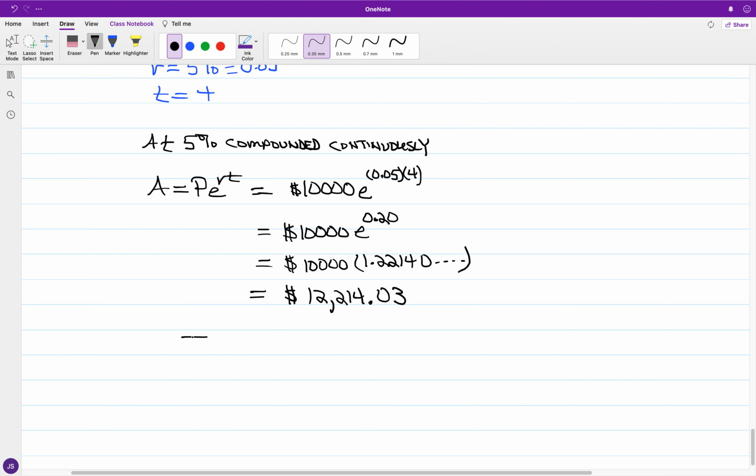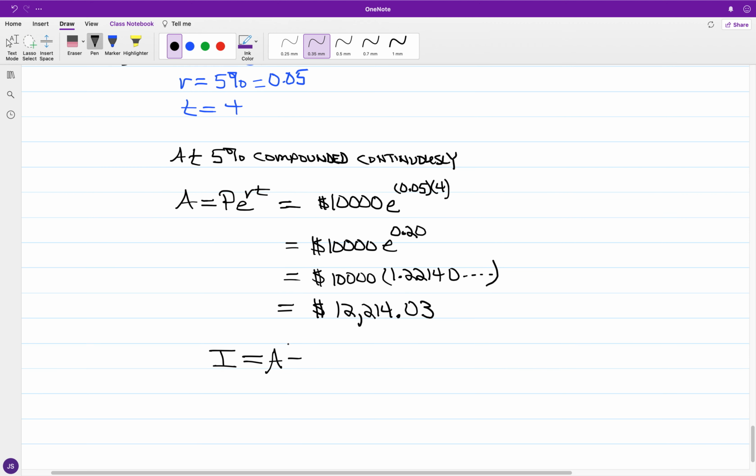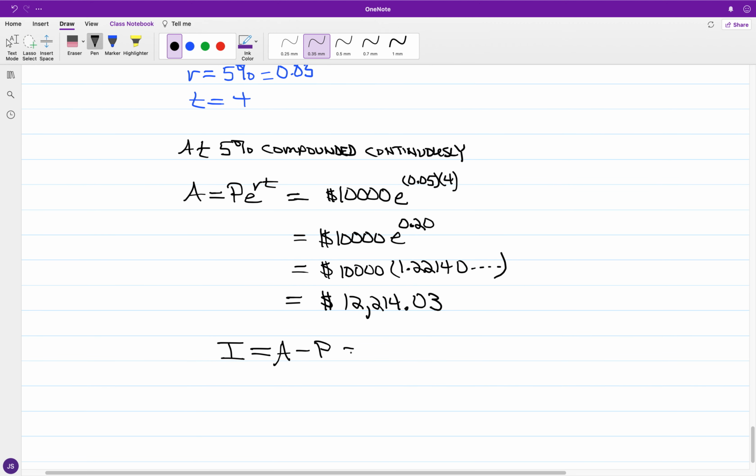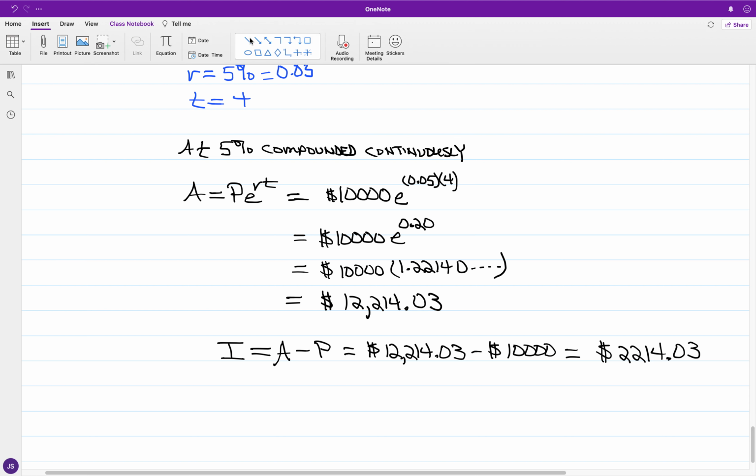Now for the interest in this one, you take the difference between the future value and what is financed. And for the amount of interest that would be accumulating, we have right at $2,214.03.